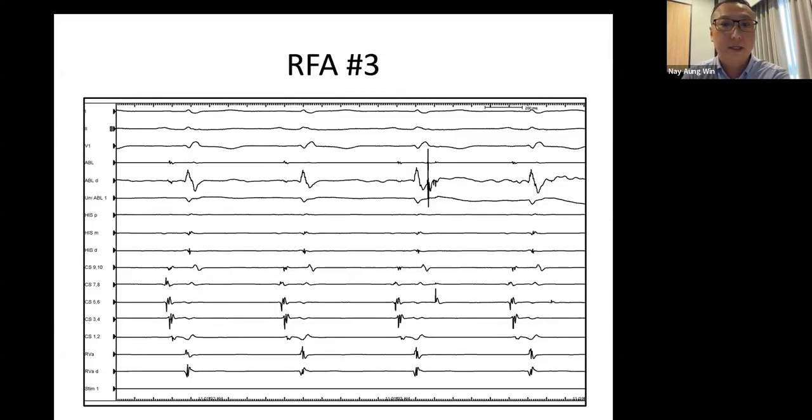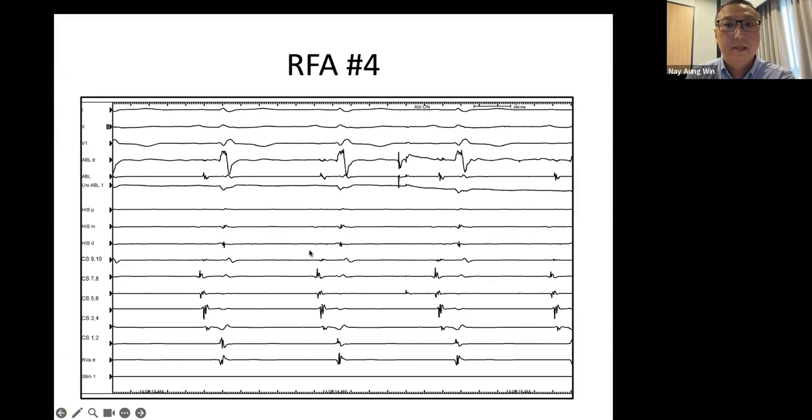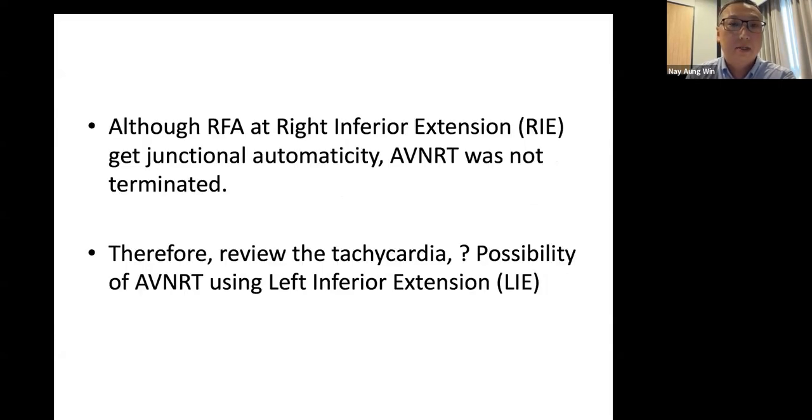So we tried to ablate at the RIE area, but the tachycardia was easily inducible with the tachycardia zone CS 550-300 milliseconds. And although radiofrequency ablation at the RIE area got a junctional automaticity, the AVNRT was not terminated.